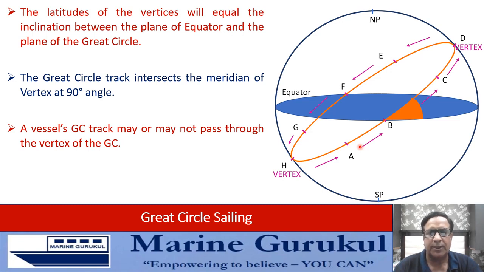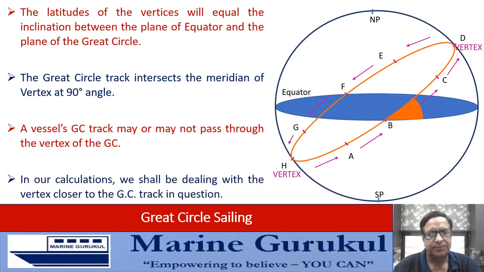For example, if I travel along this great circle from B to C, then over this arc I do not include any of the vertices. But if I have to travel from C to E, then I shall be passing through vertex D. So my track may include a vertex or may not include a vertex.